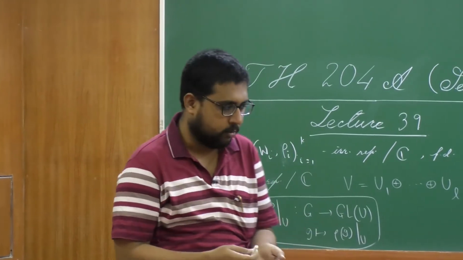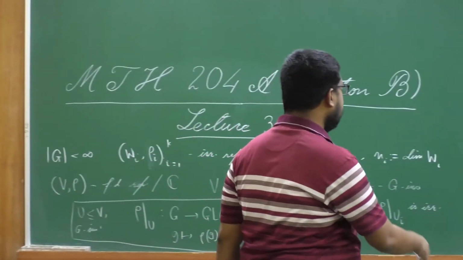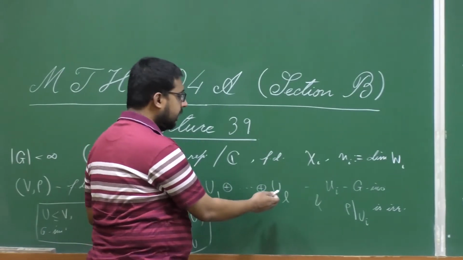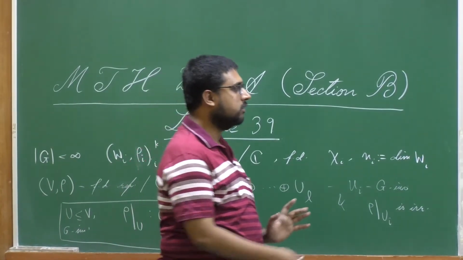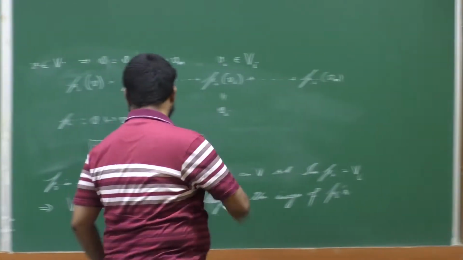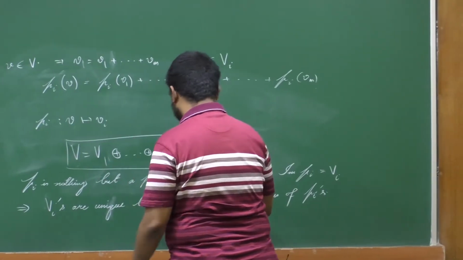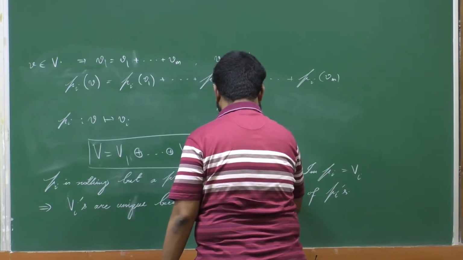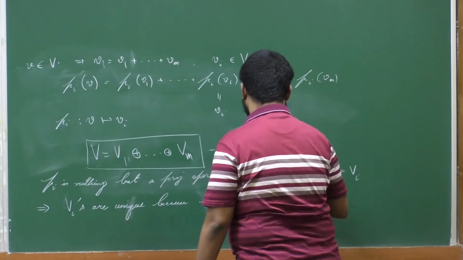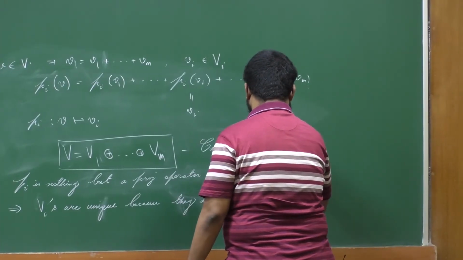Let me again stress that. What we have done earlier is that we start with any decomposition into irreducible ones, then collecting things together, we obtain something where the summands are unique. This is what we call the canonical decomposition of rho. Canonical means it does not depend upon the choice.